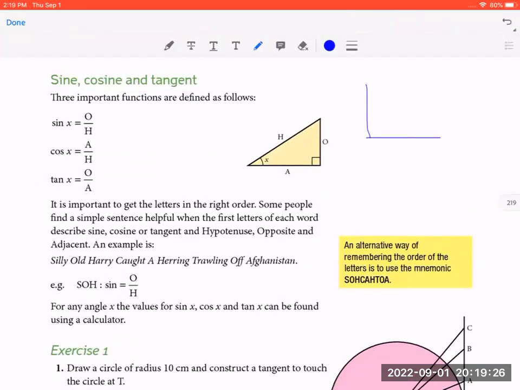If I have a triangle here, and this one is called ABC, and if this one is 30, and this side is 10, this side is 5, can you find the length of AC, please, using the Pythagorean theorem?